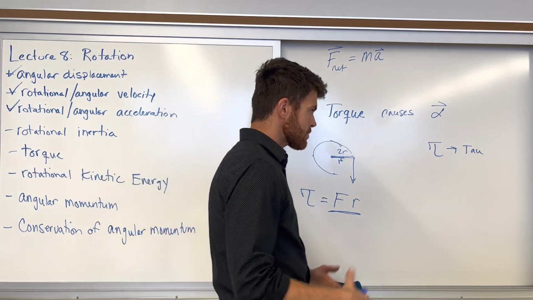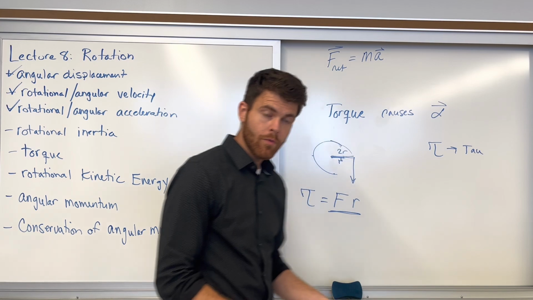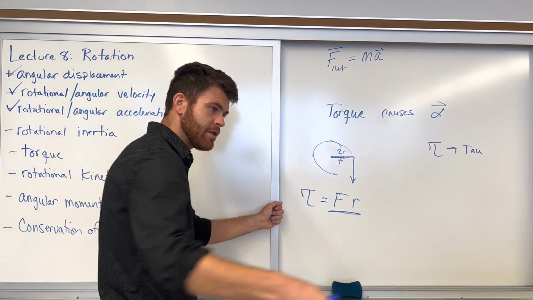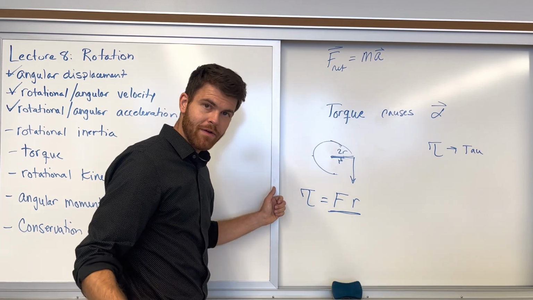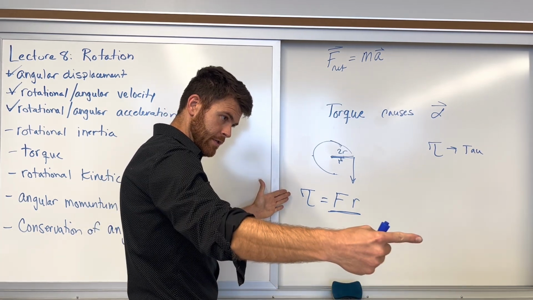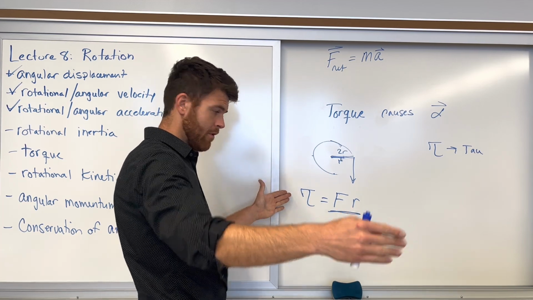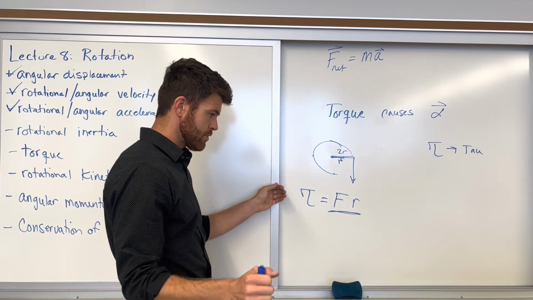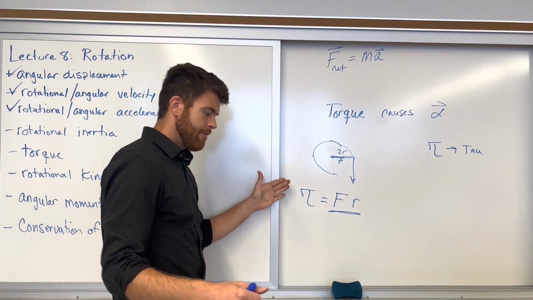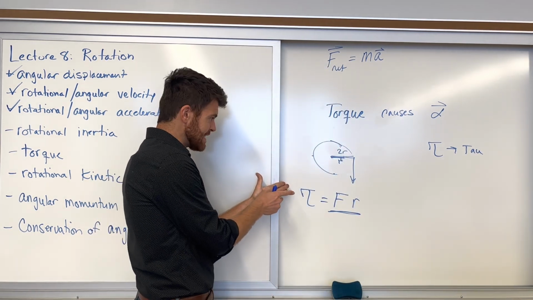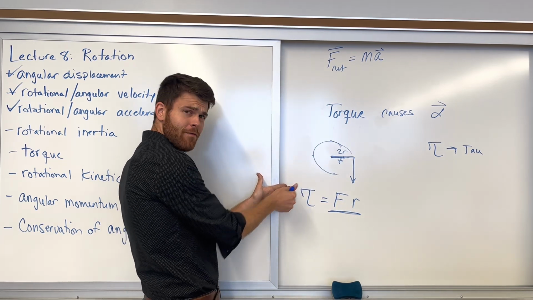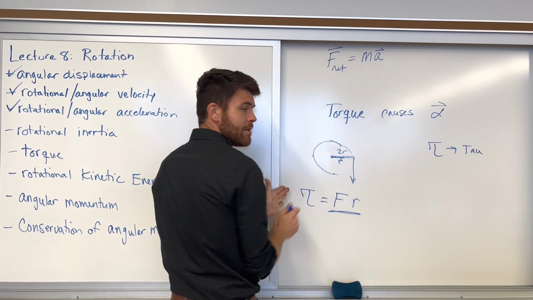That's why, if you go to open a door, and here's the hinge of the door, it's much easier to open and shut the door if you push on the edge of the door furthest from the hinge, because you apply a force perpendicular to the lever arm. Here's the rotational axis. The door is rotating about this axis. If I apply the force close to the axis, my lever arm is very small, so I have to apply a really large force to generate an angular acceleration.